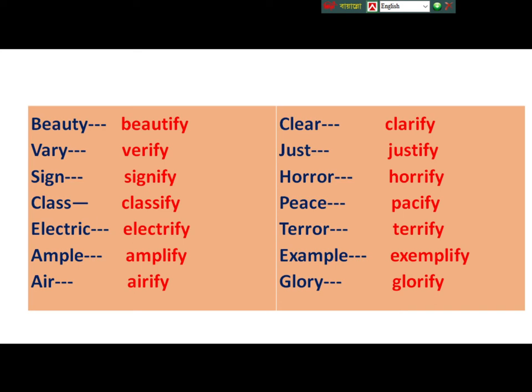By this process, we can turn a word into a verb by adding the fy suffix to them. Take a look at the words again. Now let's move on to the next rule.